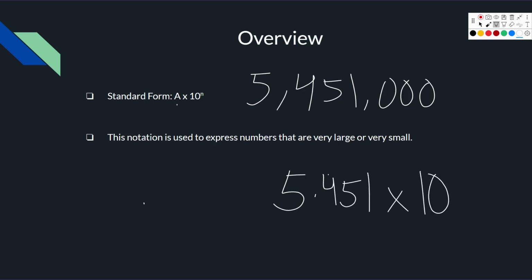And since you're moving the decimal from here, 1, 2, 3, 4, 5, 6, you're moving it 6 to the left, that means you're going to have a positive here, 10 to the 6, because this 5.451 is obviously much smaller than the 5 million. So you have to multiply that by 10 to the positive 6 so that you can increase by that amount.